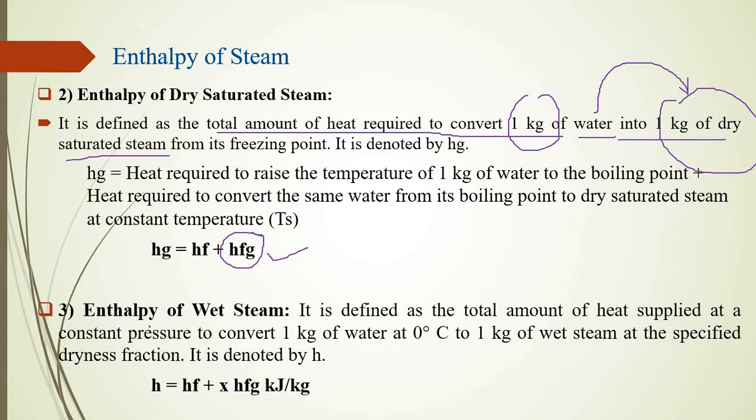Then the next definition is enthalpy of wet steam. It is defined as the total amount of heat supplied at constant pressure to convert 1 kg of water from 0 degrees centigrade to 1 kg of wet steam. Here the water at 0 degrees centigrade starts to convert into steam, but the water is not converted fully into steam.